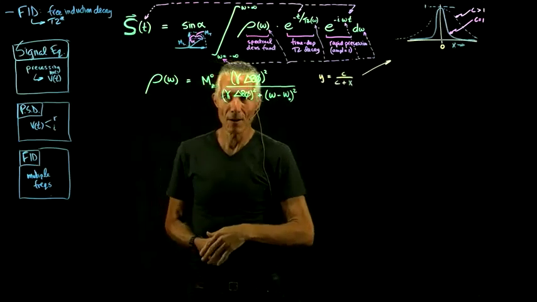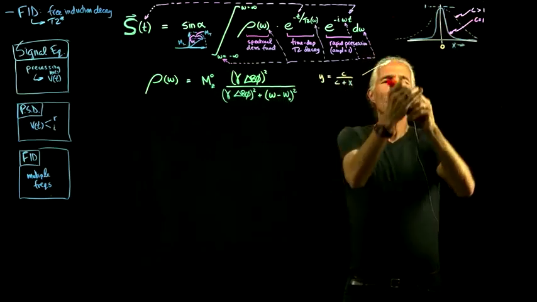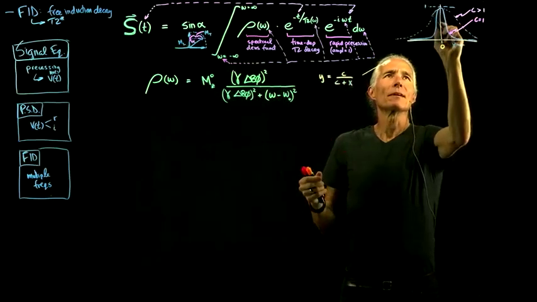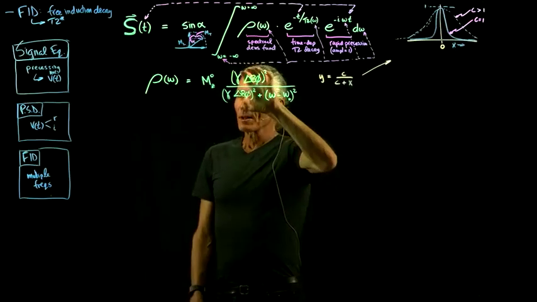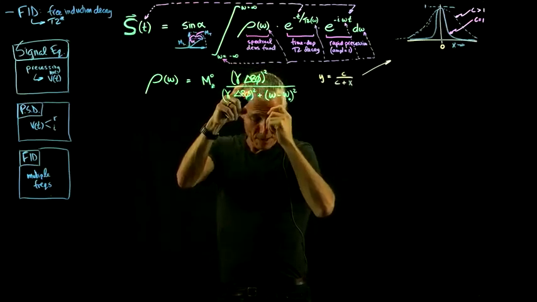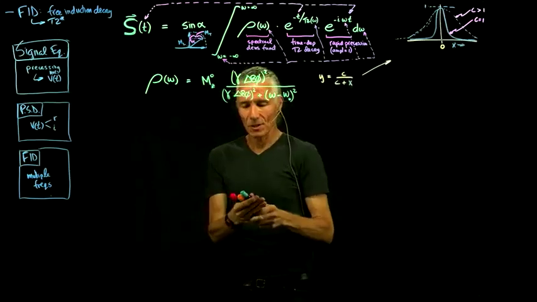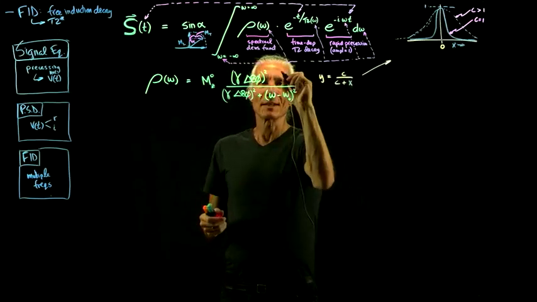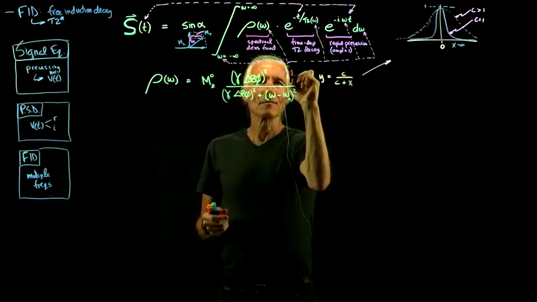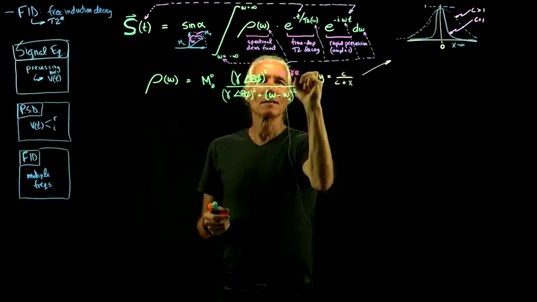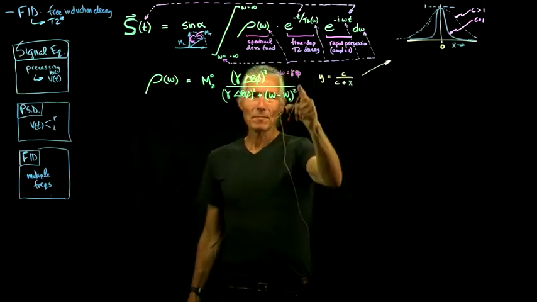And depending on how well you've shimmed things to flatten the field, it will be bigger or narrower. Okay, so when we look at this one, what is that thing going to be? For this one, just think of our original equation, which was the resonant frequency equals the gyromagnetic ratio times the B0 field.